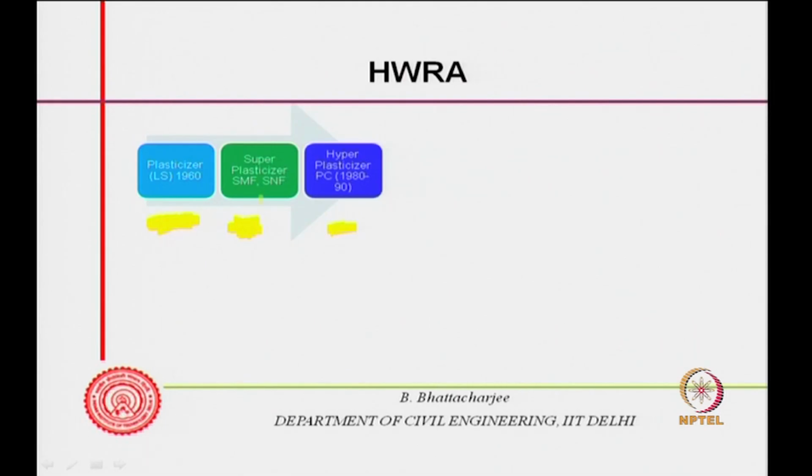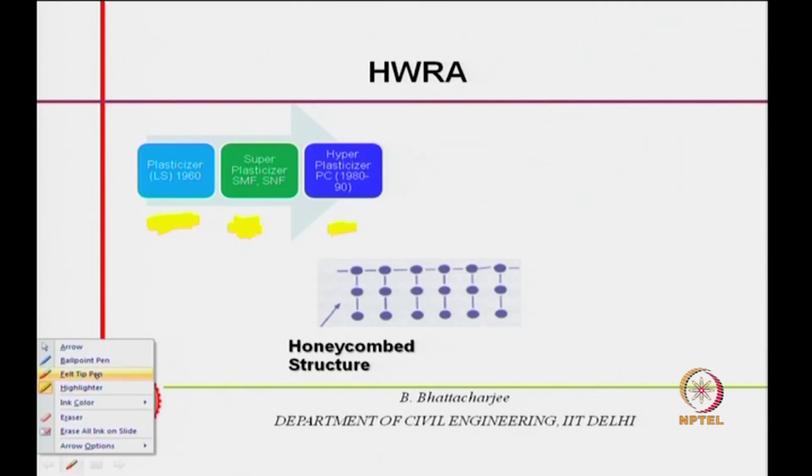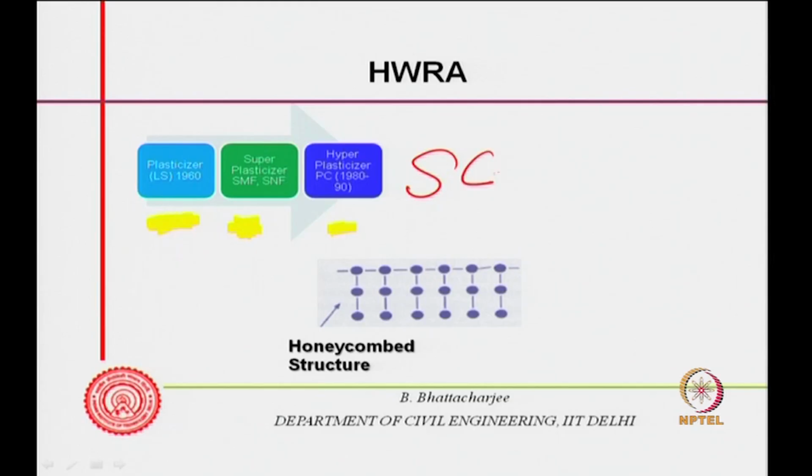Some modification of this through polymer modification occurred in between, and all this led to the honeycomb structure that could be obtained from this polycarboxylate ether type, and this is what led to SCC. This arrow shows that this led to SCC.